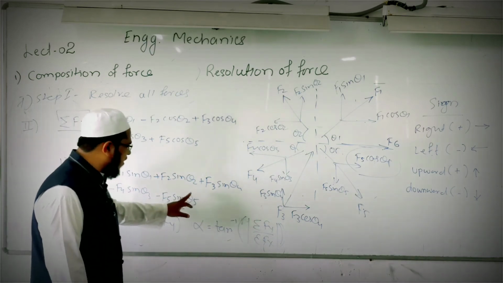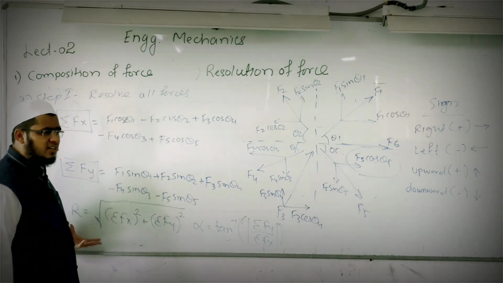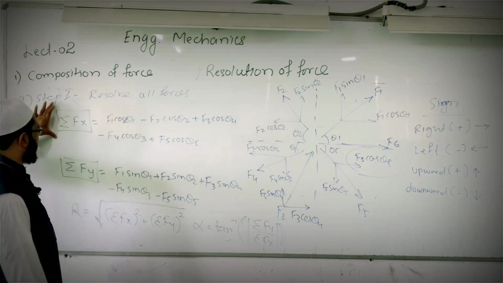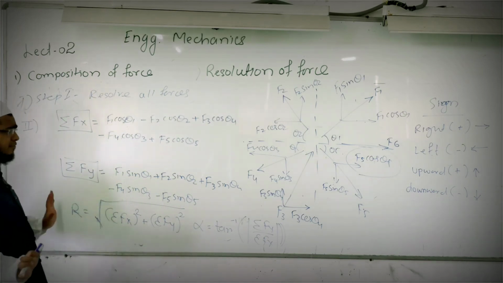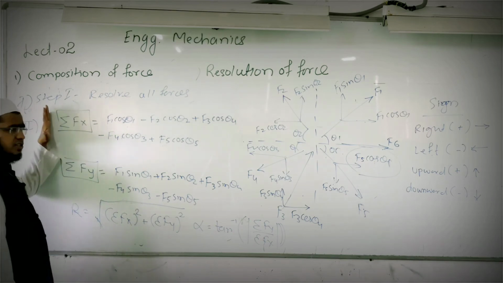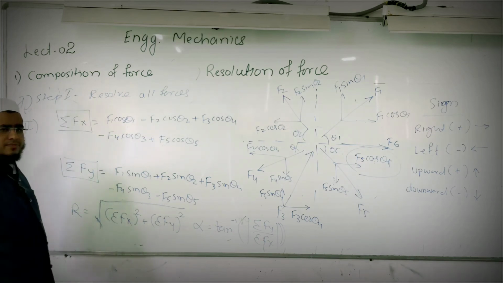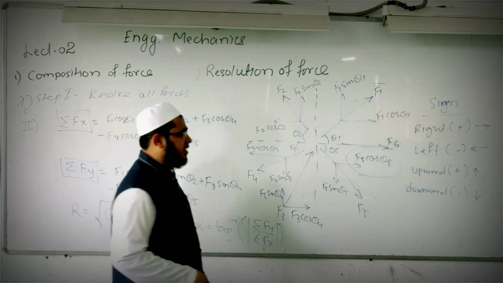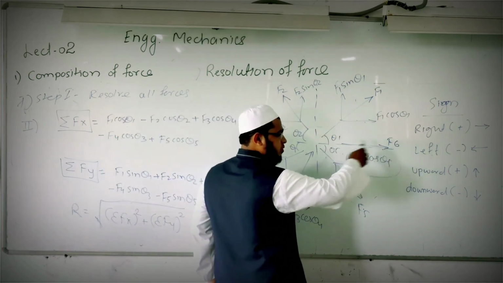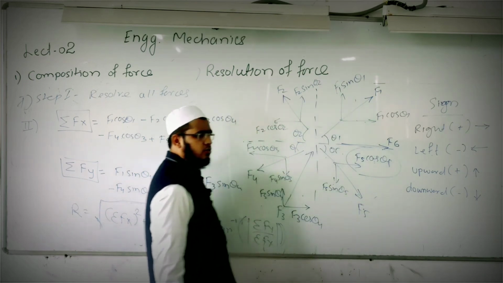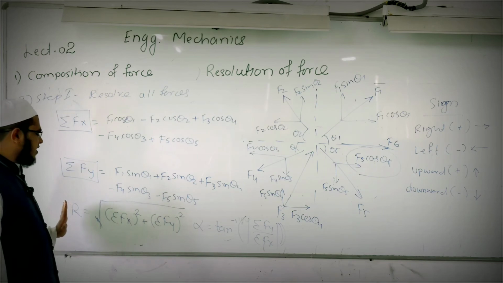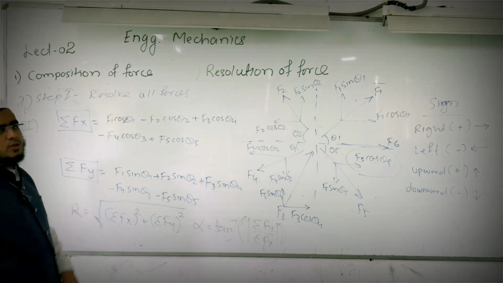The decision of the quadrant of the resultant depends on the sign of summation Fx and summation Fy. If summation Fx is positive and summation Fy is positive, in which quadrant are both positive? In the first quadrant. So if both are positive, the resultant R is acting in the first quadrant.